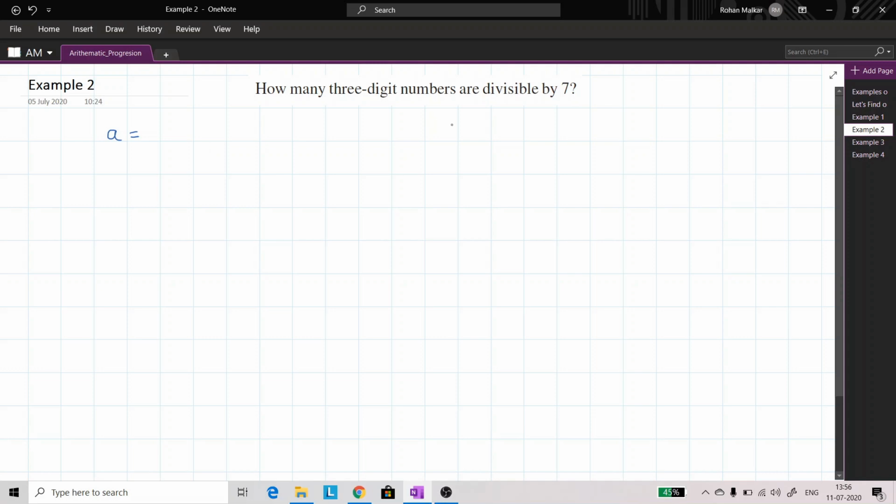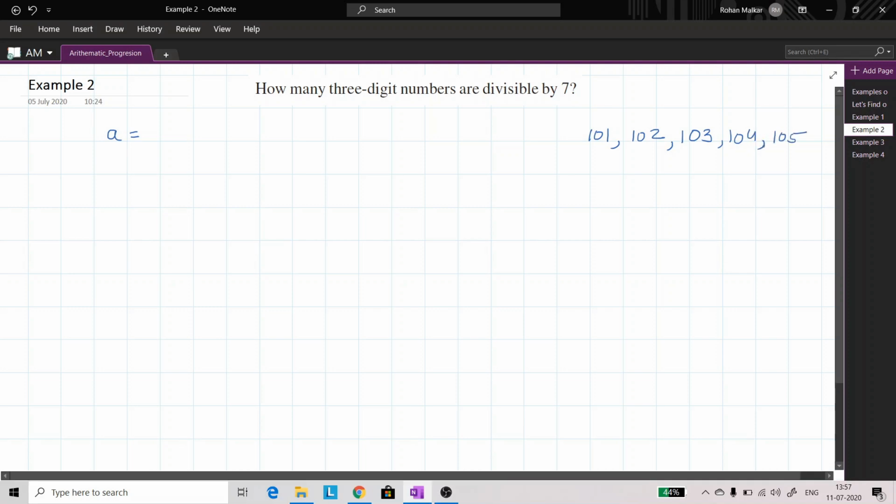Let's check. If I divide 101 by 7, no. If I divide 102 by 7, 7 ones are 7, you get 3 and 2, 7 fours are 28, still not completely divisible by 7. Similarly, I'll check for 103, and 104, and again for 105.